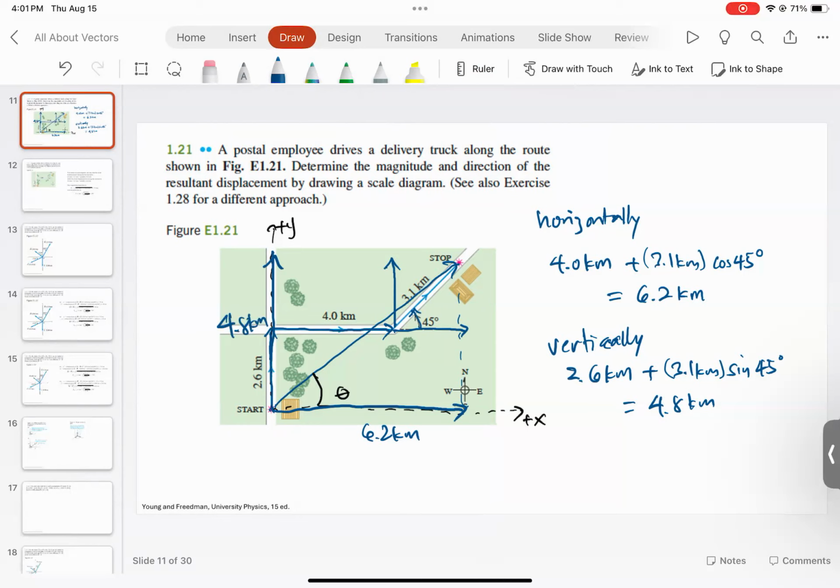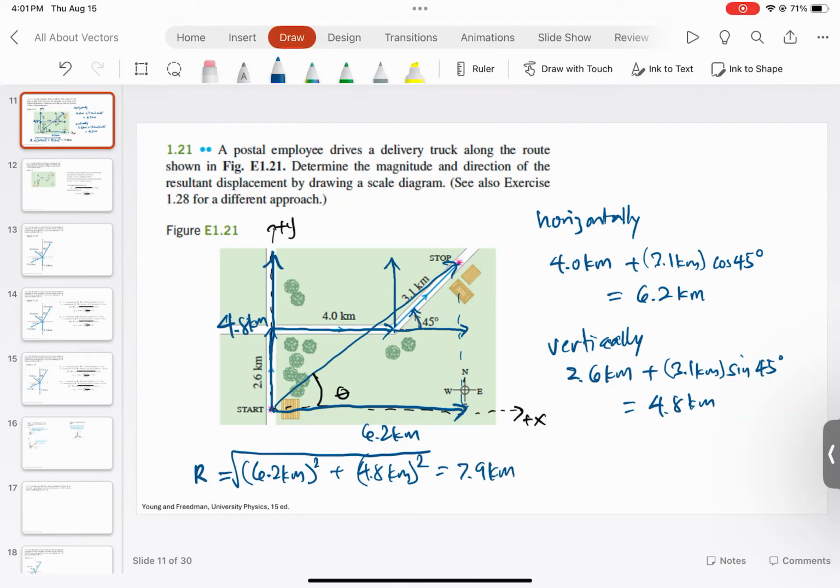So yung resultant vector natin ngayon has a magnitude of 6.2 kilometers squared plus 4.8 kilometers squared. Take the square root of that. That will give us 7.9 kilometers.